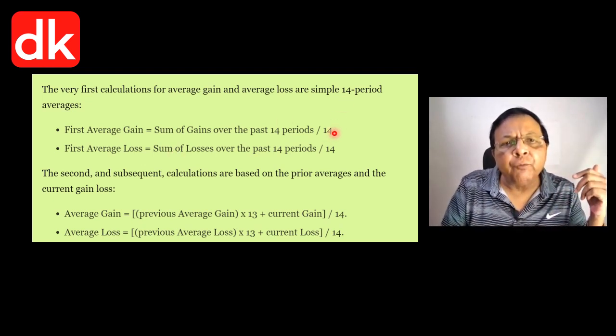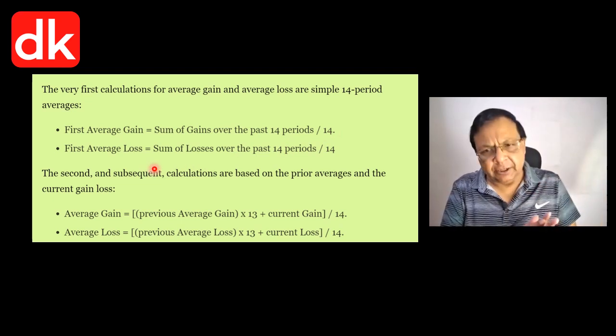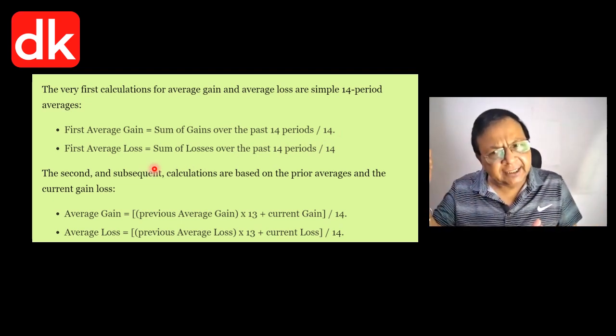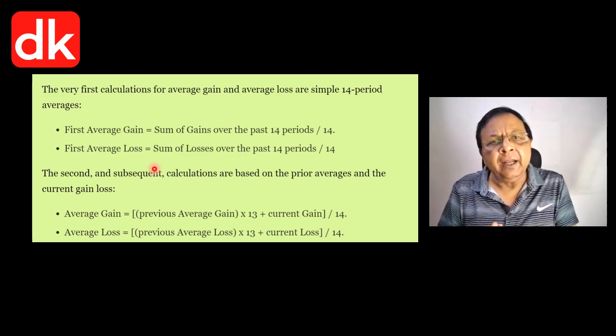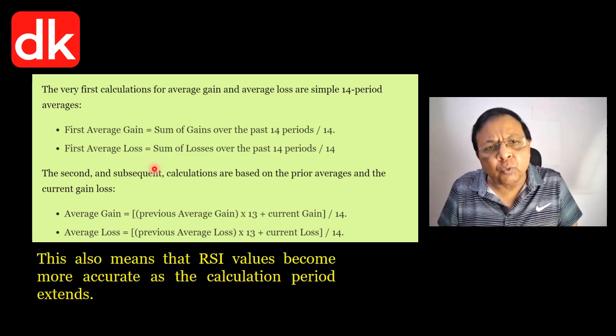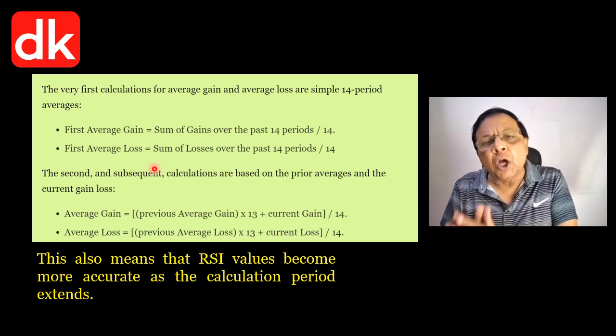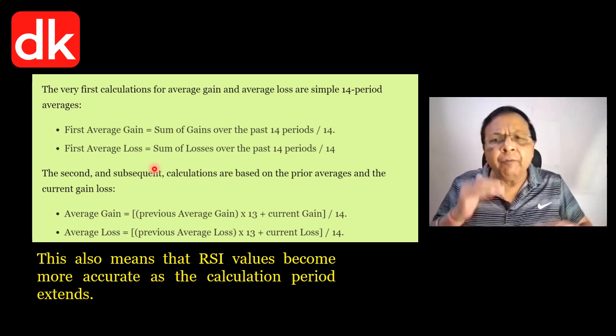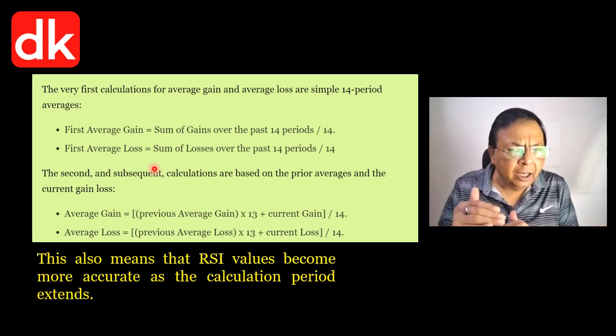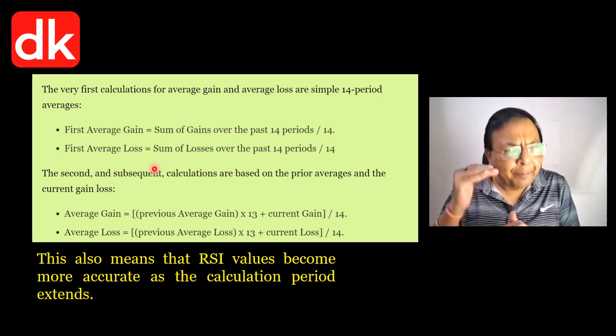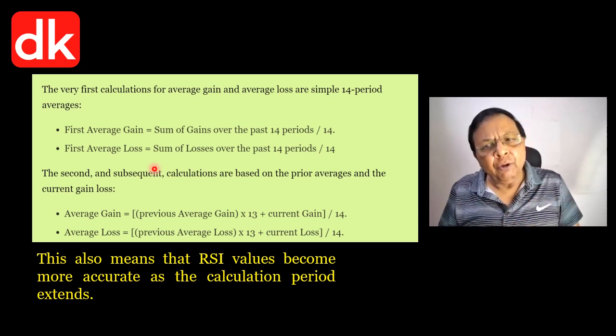So the gains of the gaining days are added up and divided by 14, and the first average loss is what? The sum of the losses in the past 14 days, whenever the candle closes in red or bearish, divided by 14.